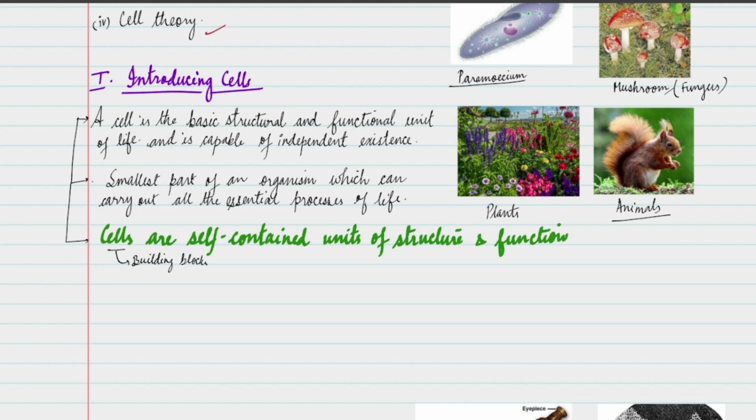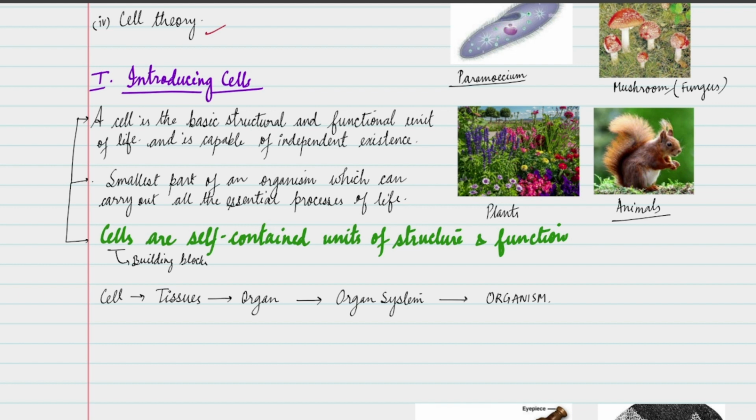But in organisms that have more than one cell, the cells group together and form tissues. Several tissues form an organ. Several organs make the organ system. And several organ systems constitute the body of an organism.